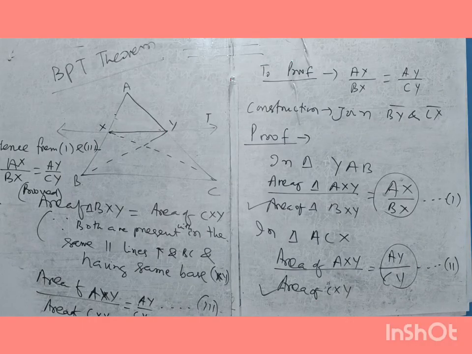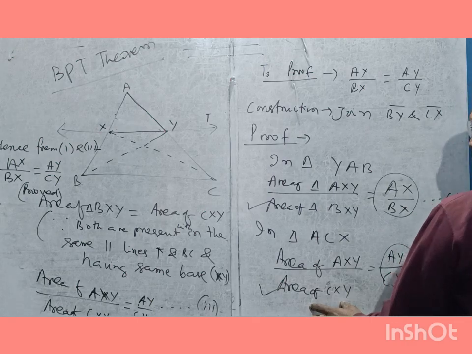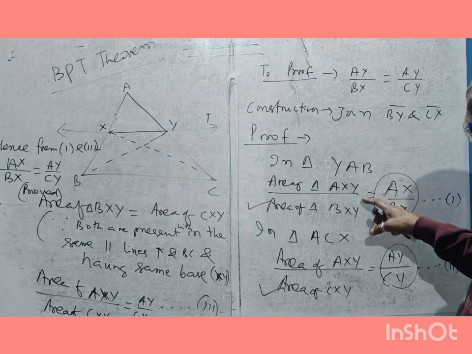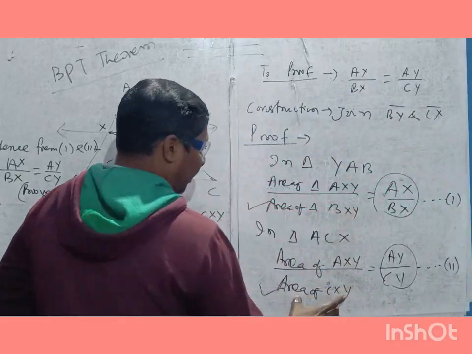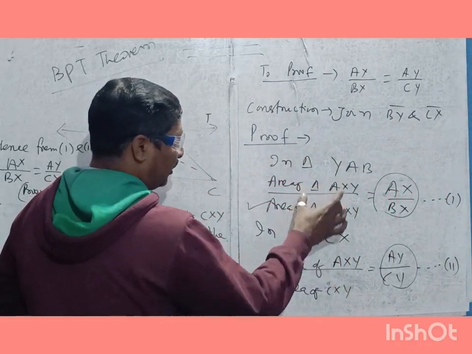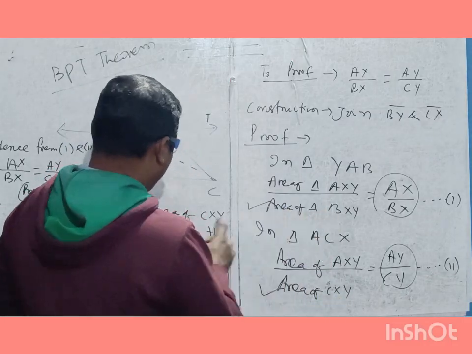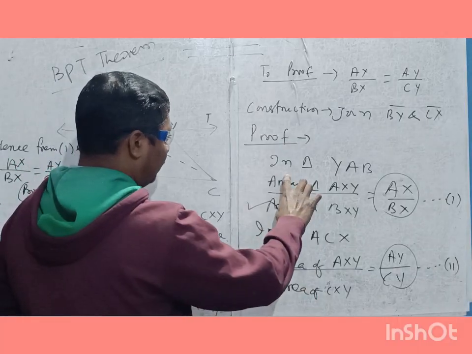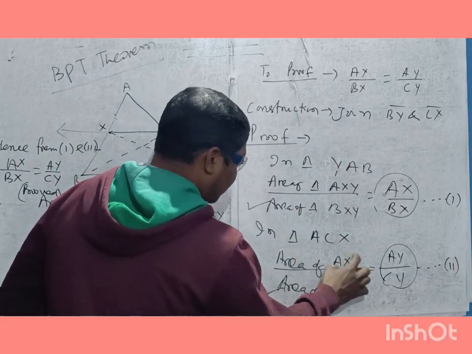Okay, if this part is same, then area of AXY also same. So if this part is same and the numerator is already same and the denominator is same now by proof, this ratio having the same value will be same to this one.